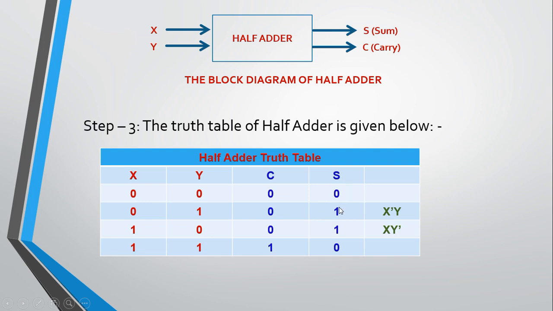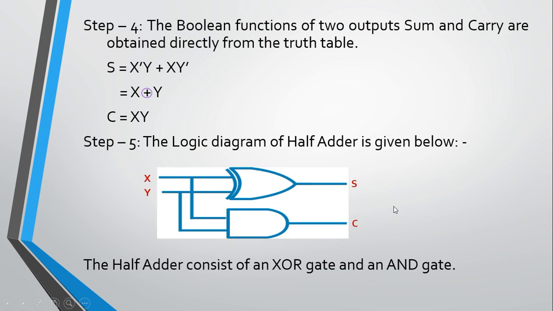Now there are two outputs as 1. That means S equals 1 in two cases, x dash y and x y dash, which is nothing but an XOR gate only. And C equals x into y, that means it is an AND gate. So now from the truth table only you are able to draw the circuit for the same two input variables x and y.